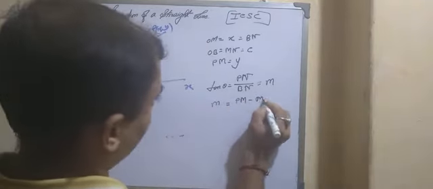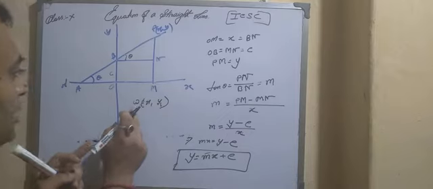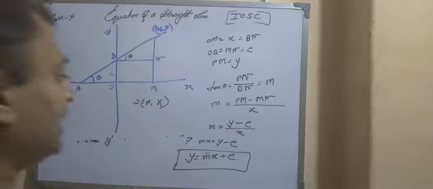Now if there is another point on that straight line, say W, and the coordinates of W are x1, y1, then x1, y1 also satisfies this equation, because this point is on that line.